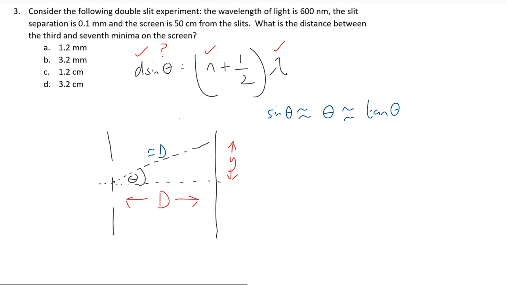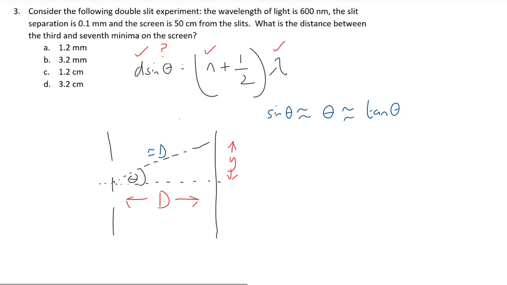This means that in our equation, we can replace sine of theta by either theta or tan of theta. I'm going to be smart and use tan of theta because, remember, tan of theta is defined as the opposite over the adjacent. In this case, that is y over capital D. One of these quantities, y, we are interested in calculating, and the other quantity, capital D, we know.